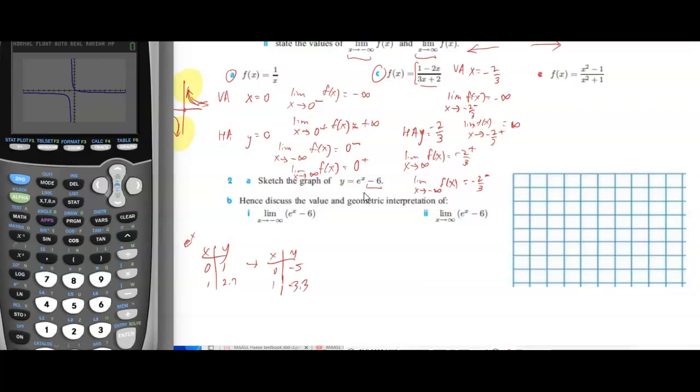Oh, and by the way, the asymptote of e to the x would be y equals 0, and the asymptote of e to the x minus 6 would be y equals negative 6.